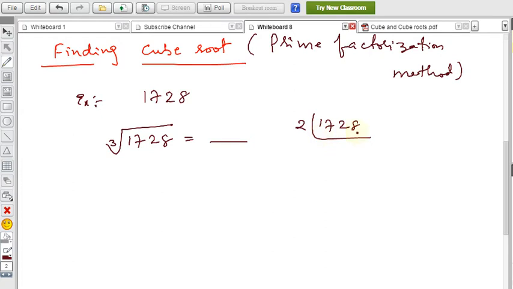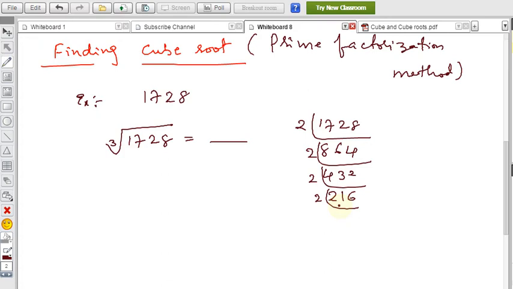2 is divisible. 2 8s are 16 and carry, 2 6s are 12, 2 4s are 8. Again the 2 table. If 2 is not possible, the next prime number we will take. 2 4s are 8, 2 3s are 6, 2 2s are 4. Again 2, again 2.